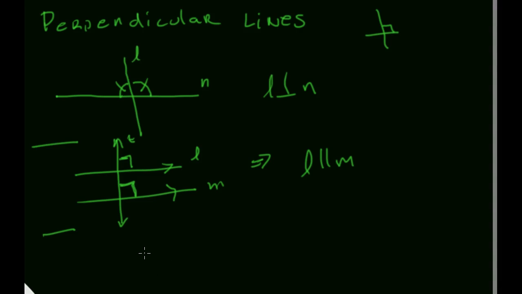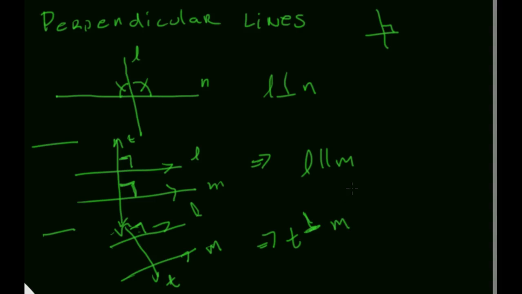The other one is that if I have two parallel lines cut by a transversal, let's call one L and the other one M. If one of them is perpendicular to the transversal, let's call the transversal T, then the transversal also has to be perpendicular to the other parallel line.